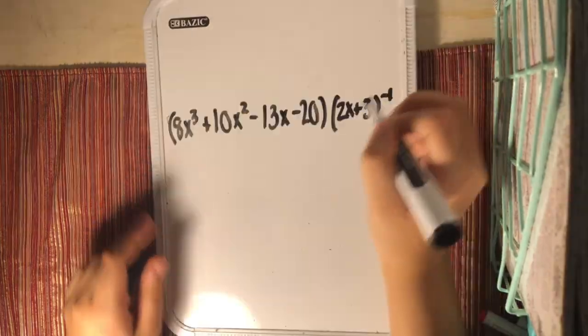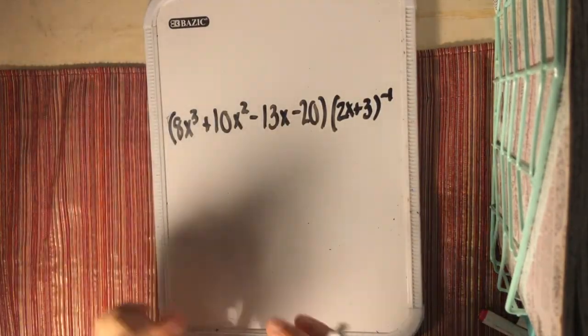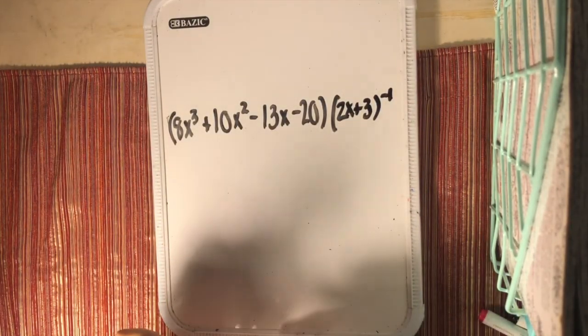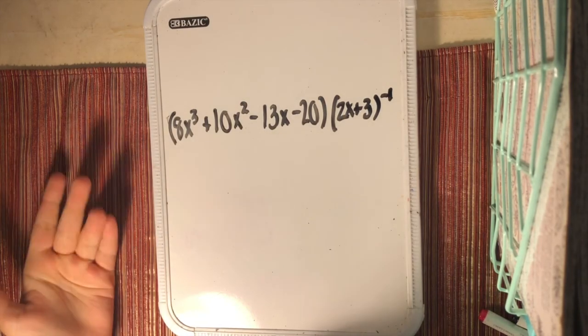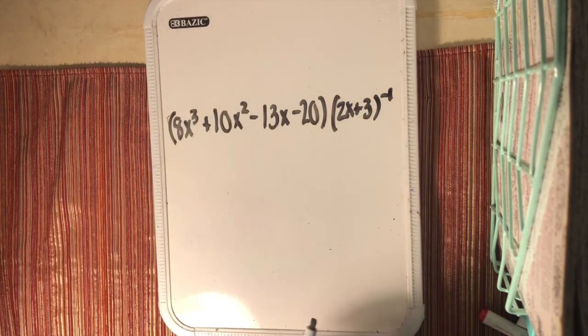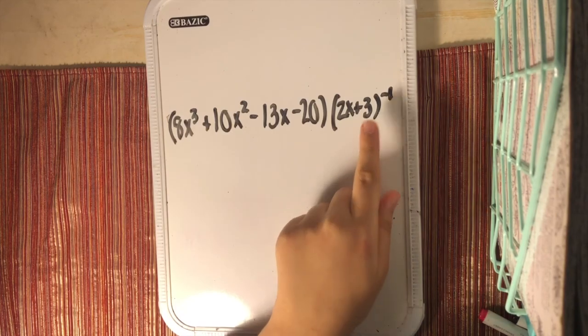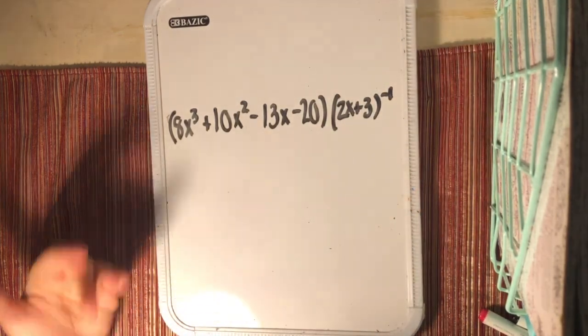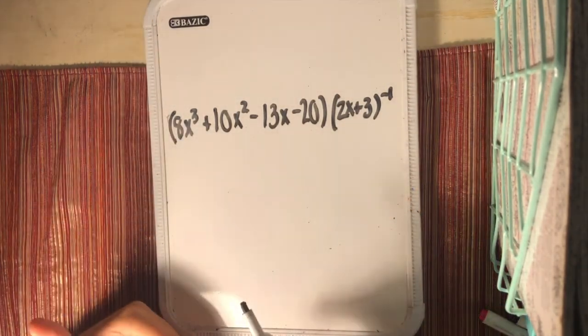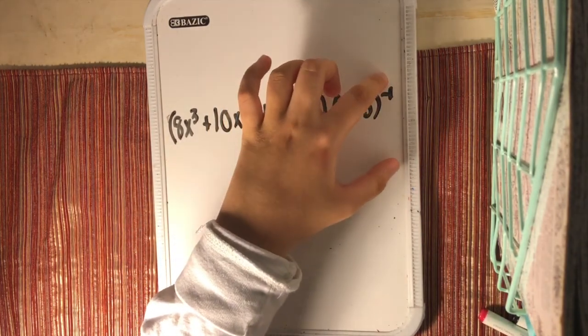So one last point I want to make is that if you ever get a question that looks like this, don't panic if you get this, because this is essentially the same thing as we've been doing. Remember that when something is to a negative power, it can also be written as 1 over that number with this power positive.